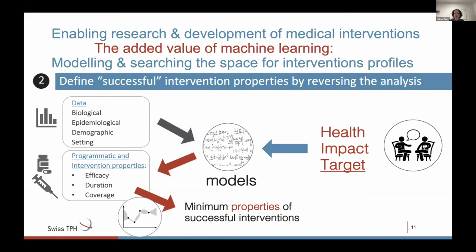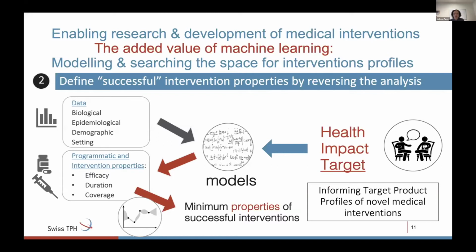You may be used to machine learning being applied to data, to large, big data. And this is similar in the sense that our data is not health data, clinical data, but more model predictions from our complex models. What this also means, if you come back to my initial question of placing you as a stakeholder, having to make decisions about which novel medical interventions to invest in, that this type of analysis allows us to have some principles to inform what are known as target product profiles.